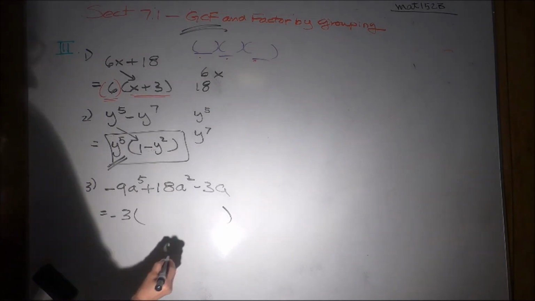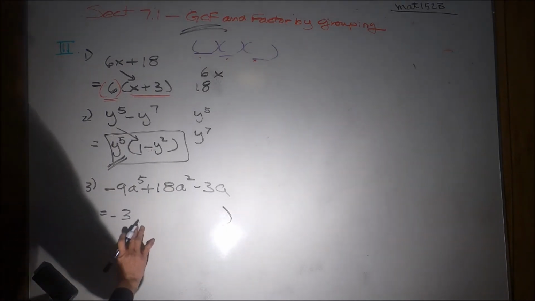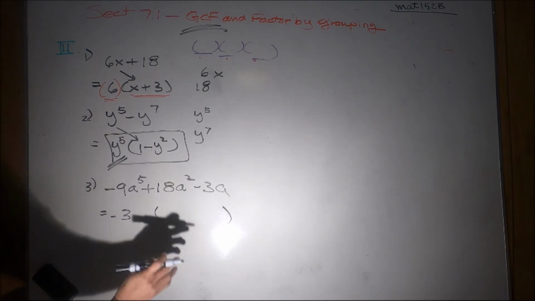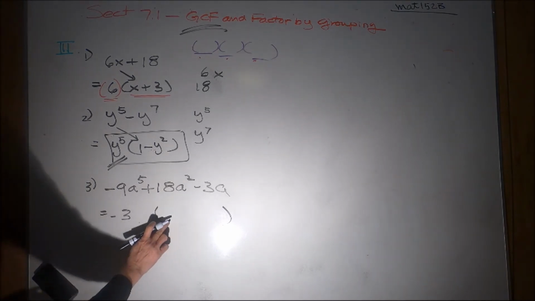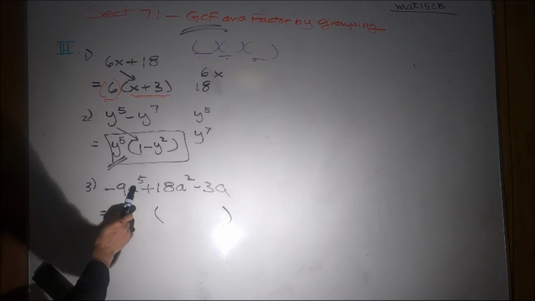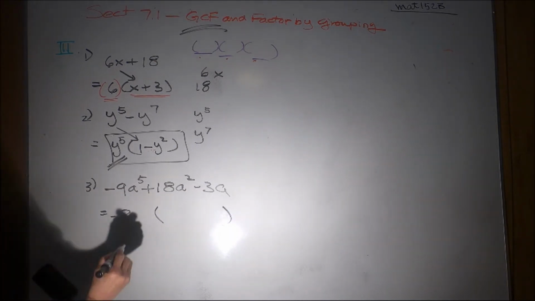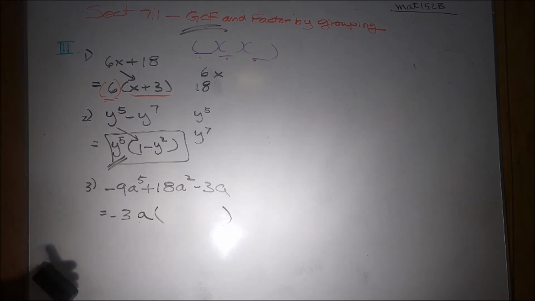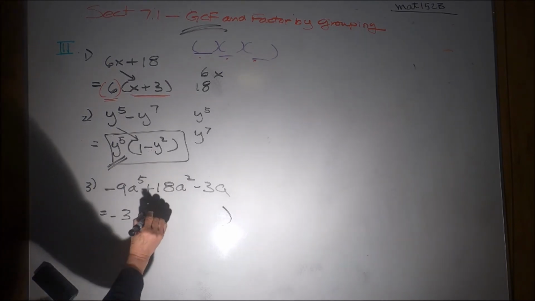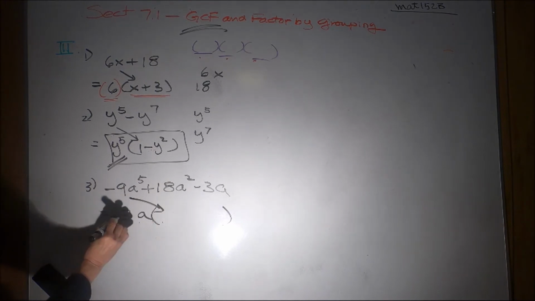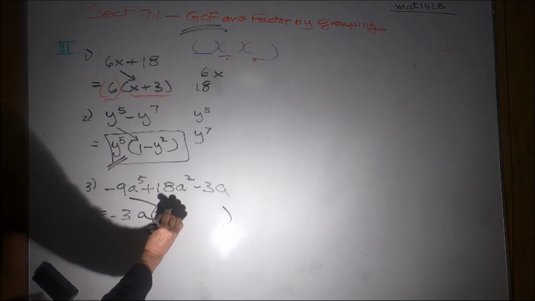That's the practice. So inside the parentheses, it's always positive to begin with. So a^5, a^5, a^2, and a, what's the common one? That's a. So what do we have? Take out a negative 3, so 3, a^4 left.